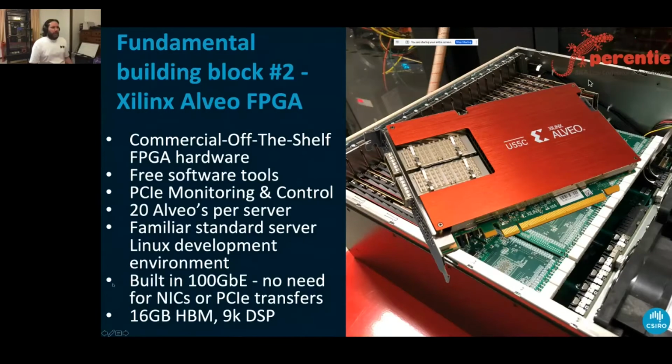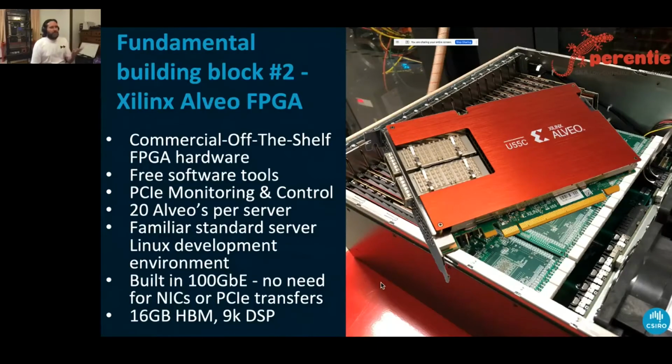The goal is to put 20 of these cards, which are passively cooled, in servers. This way we can develop in a very standard Linux environment. And since we've got the 100 gig Ethernet already there, there's no need for NICs and no need for PCIe transfers. As I said, it's 16 gigs of HBM and 9K of digital signal processing already on board of these FPGAs.